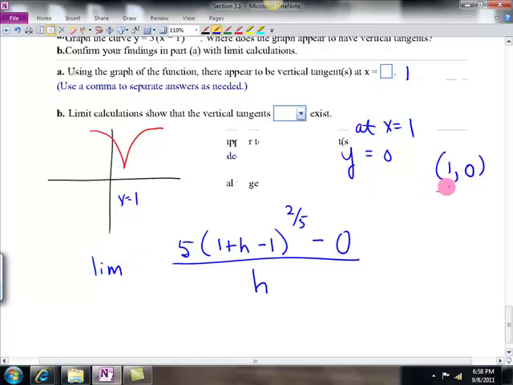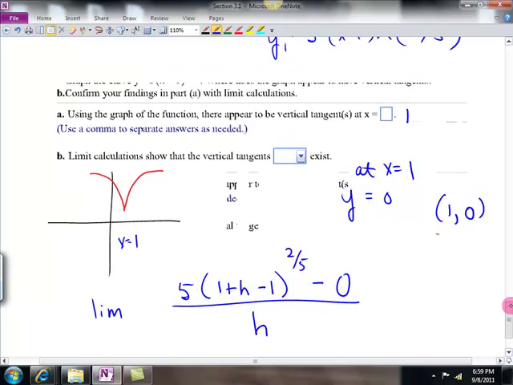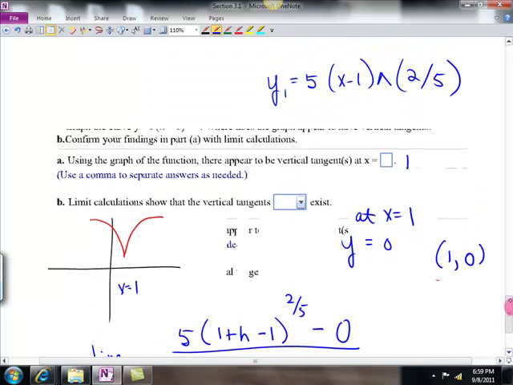It's the y value. So when x is 1, well, it should be 0 if you look at the function. I'm not looking at the picture here. What happened to my thing here?